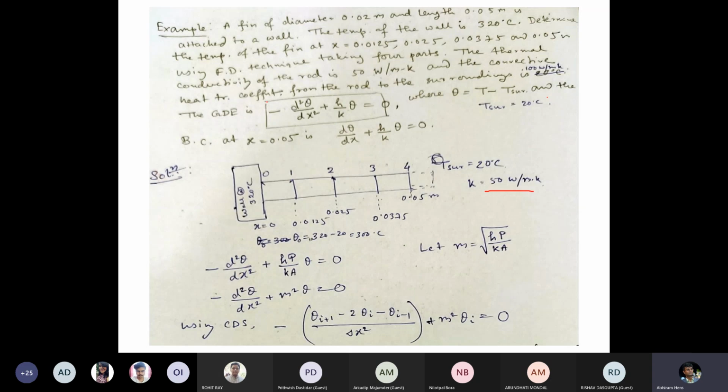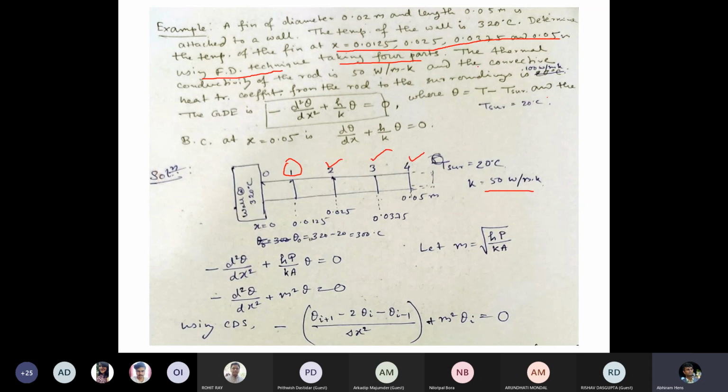So the governing differential equation, this is also a heat transfer problem. The temperature of the wall is 320 degree centigrade, and the temperature of the fin at x equal to 0.0125, 0.025, and so on, using the finite difference technique at these 4 points you need to find out. So you need to find out the temperature here, and this 4th point.